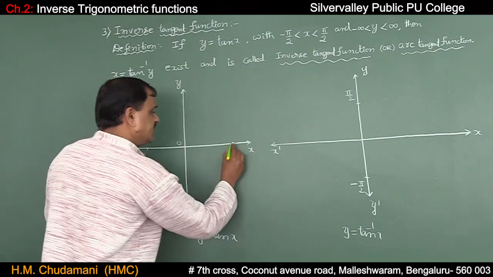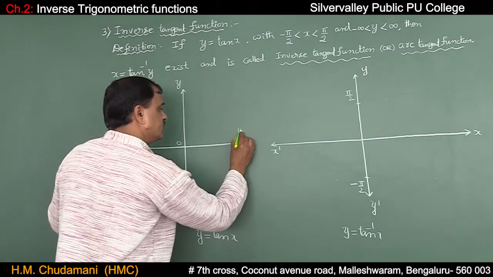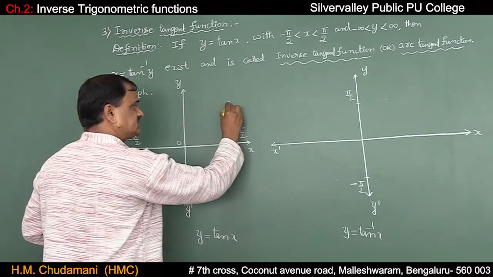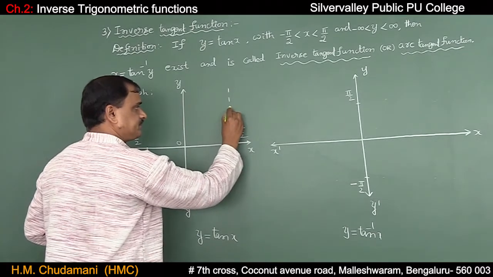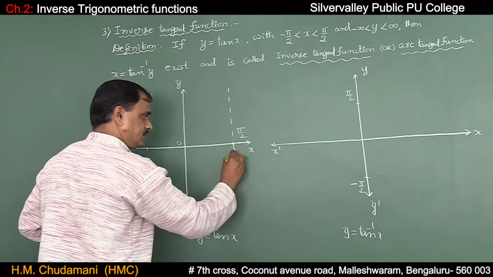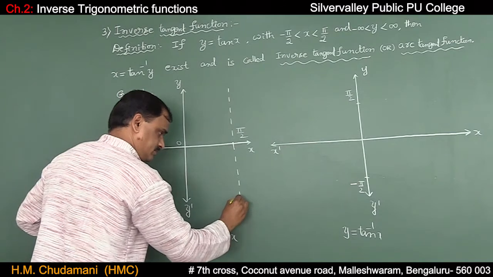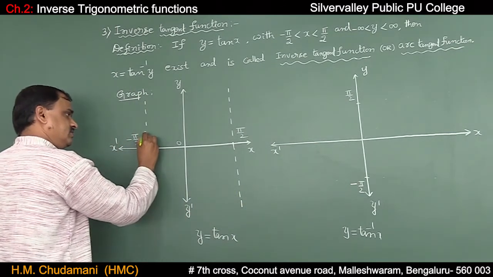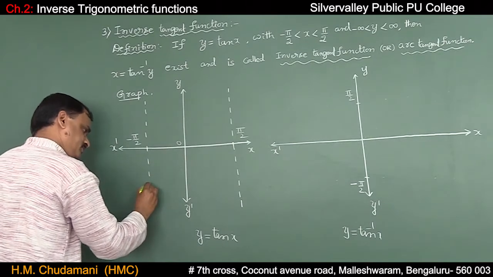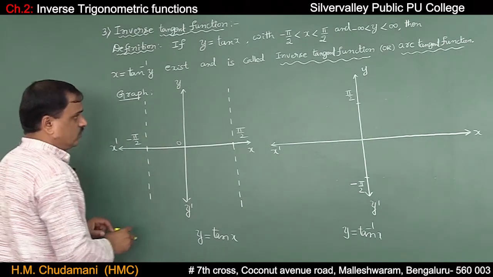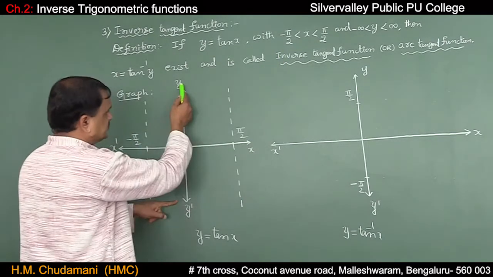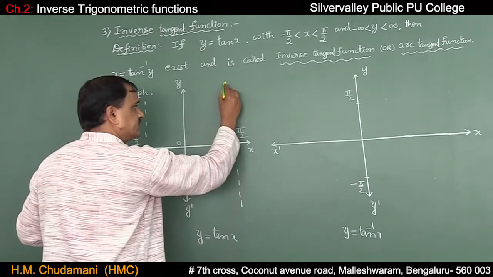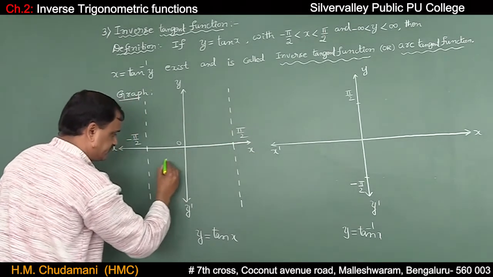See, minus pi by 2, this is plus pi by 2. Minus pi by 2 and plus pi by 2. X-axis and the y-axis. Here also, this is minus pi by 2. As we know, y takes the value plus infinity and minus infinity. Y takes the value like this. It should be like this.